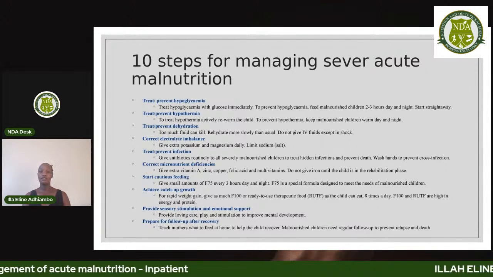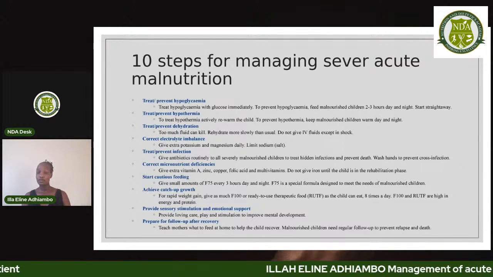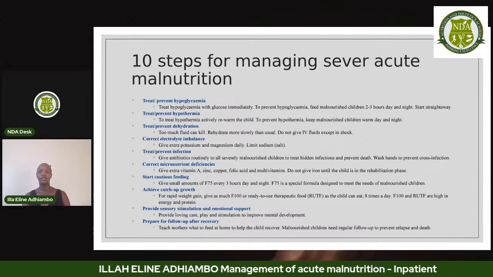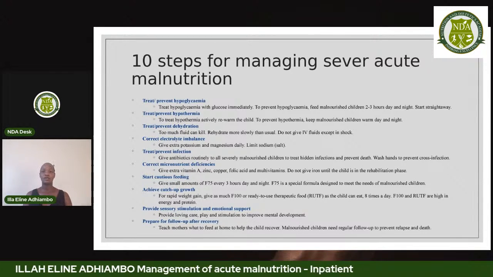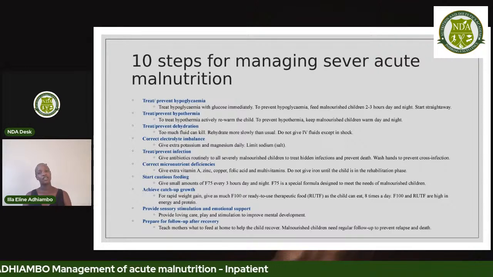So we have to treat the infection immediately by giving broad spectrum antibiotics depending on the weight of the child. You can use, for instance, cotrimoxazole 5 ml pediatric suspension twice a day for 5 days.